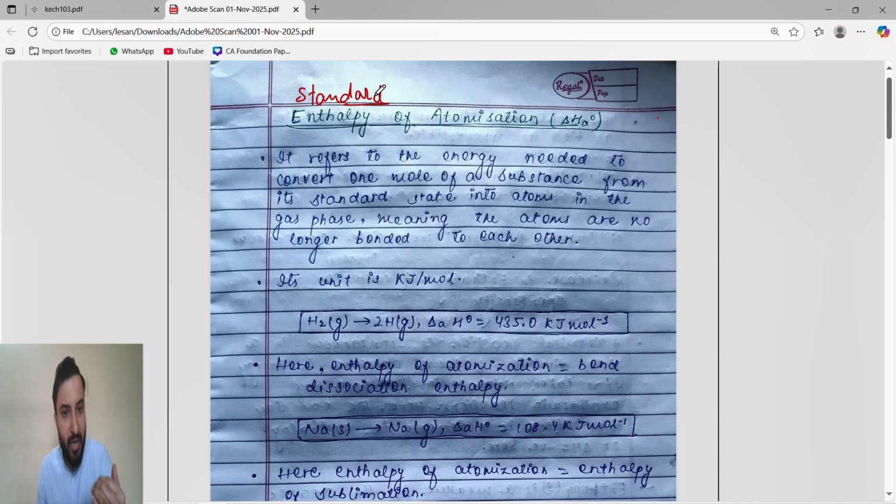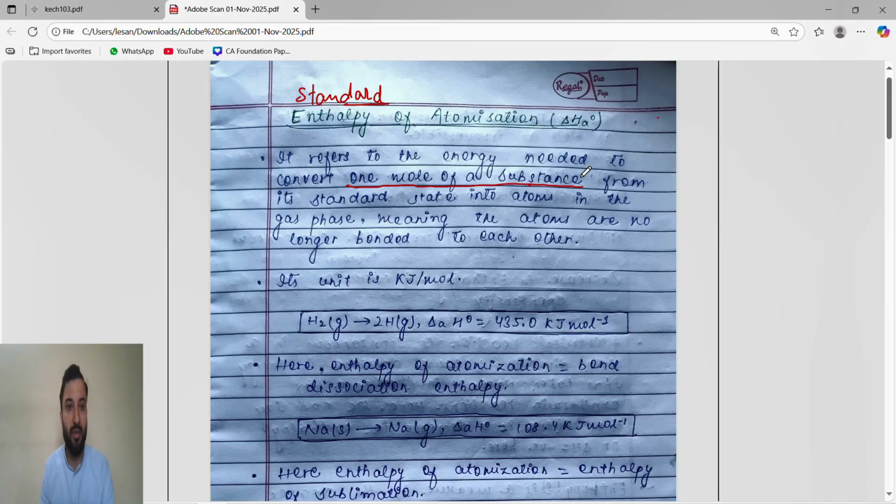Whenever we say standard, understand two important things. First, whenever we take the quantity, we take 1 mole of a substance. So this is the standard quantity. The second thing is standard conditions.